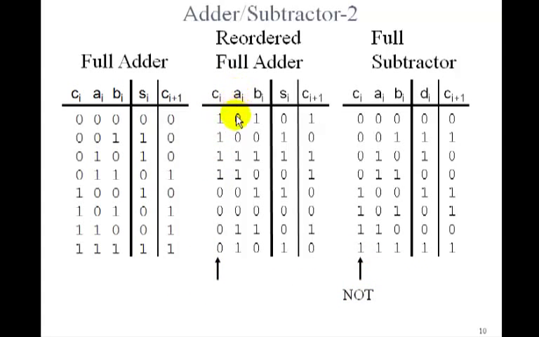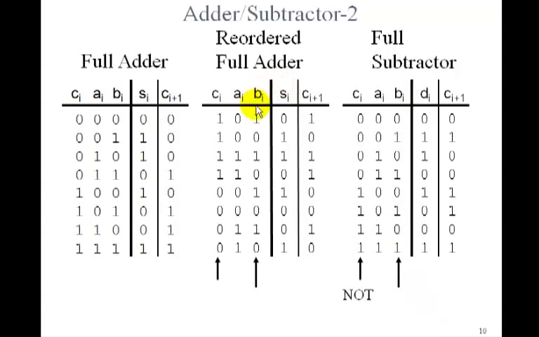How about the A? 0, 0, 1, 1, 0, 0, 1, 1. Those are exactly the same. How about the B? Here I have a 1, 0, 1, 0, 1, 0, 1, 0. But here I have a 0, 1, 0, 1, 0, 1, 0, 1. So that, again, is the NOT.